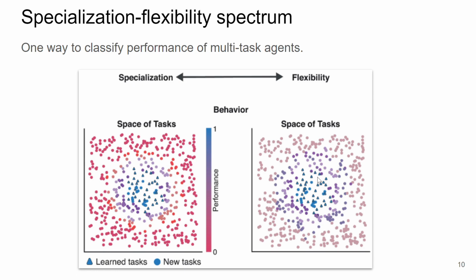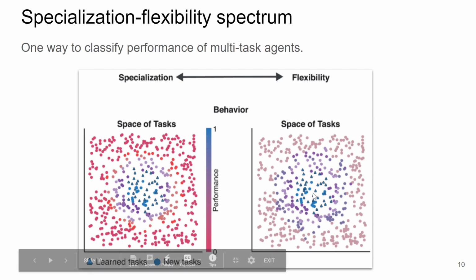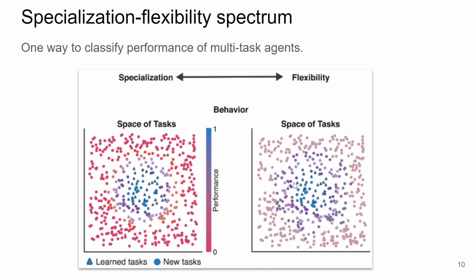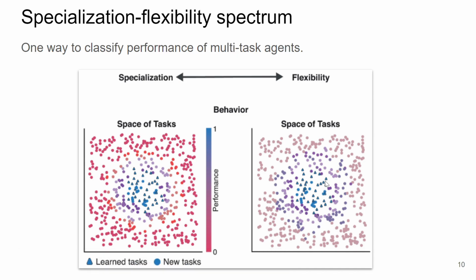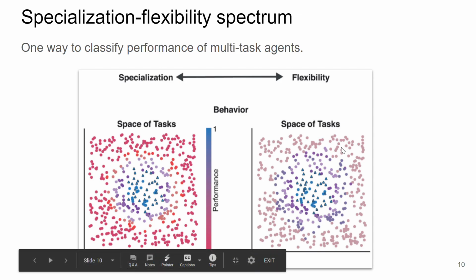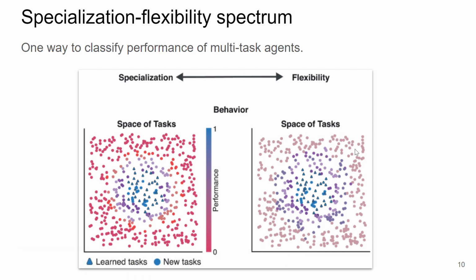And if you have agents that don't really overfit to their tasks, they learn, but they don't get too involved in getting super high performance on these tasks by compromising their performance on other tasks.